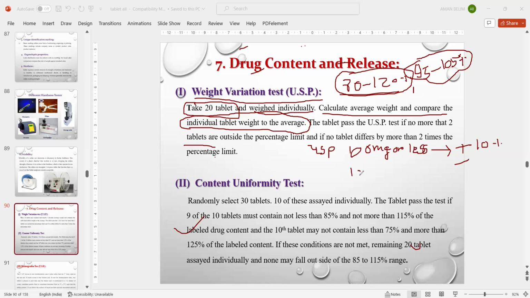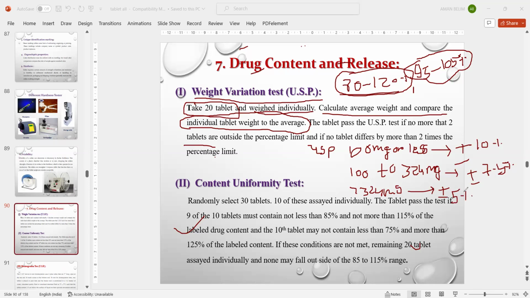Then for 100 to 324 milligrams, I think around, the variation allowed is plus or minus 7.5%. And if it is greater than 324 mg, the variation allowed is plus or minus 5%.